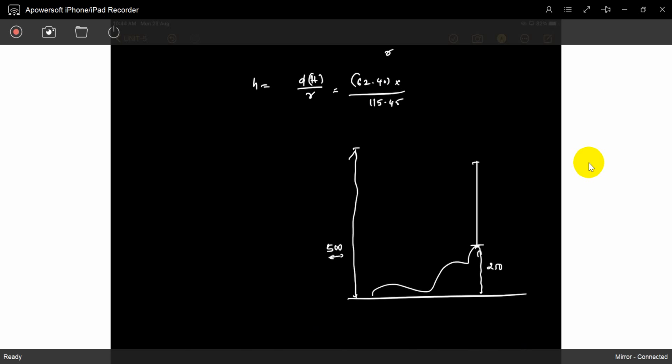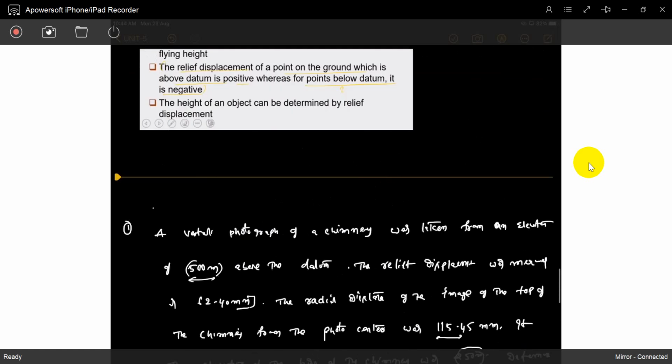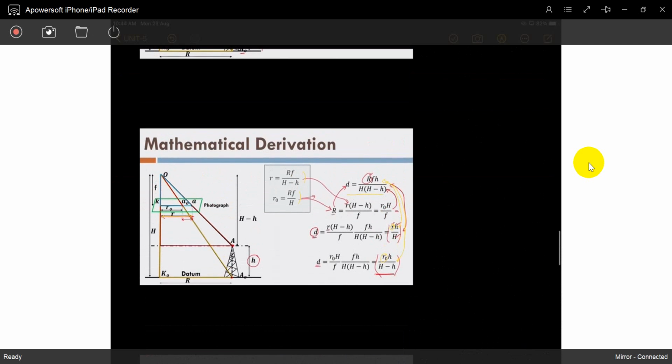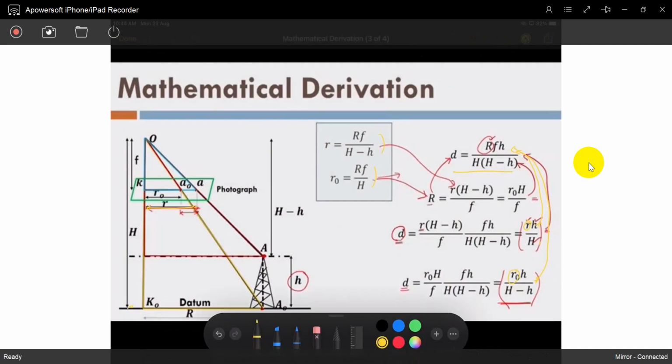But we derived the proof up to this, no? Up to this we took the derivation. Understood? This is H. But he also gave the elevation of the base of the chimney, 250 meters. So what is this value? 500 minus 250. Understood? That's it now.